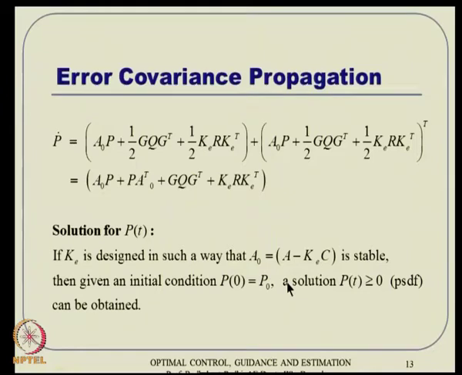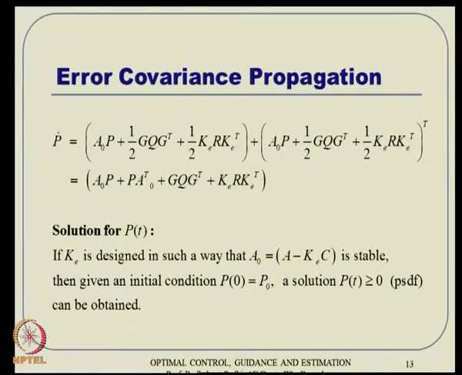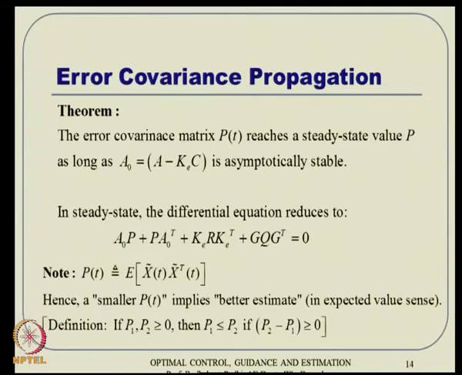So we got this P naught, and there are some theorems which tell us there is a stable solution. If A naught is stable, then there always exists a positive semi-definite P, and in general it will reach a steady state value, and once it does, the equation is given like that.